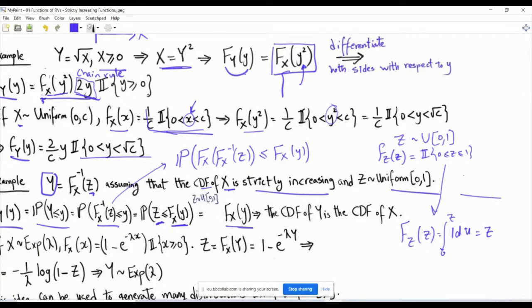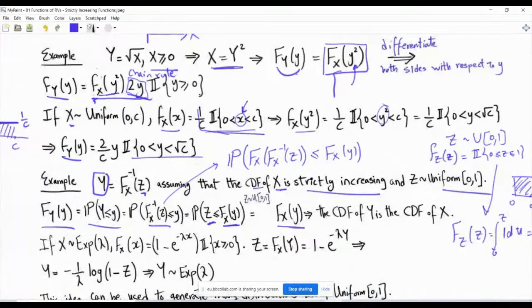And again, graphically, this is obvious, right? Because if you have 0, 1, and this is 1 here, what is the probability that a uniform 0, 1 random variable is less than or equal to alpha? It's basically the area from 0 to alpha under the PDF curve, and so this is a rectangle, the height is 1, the base length is alpha, and so it's alpha.